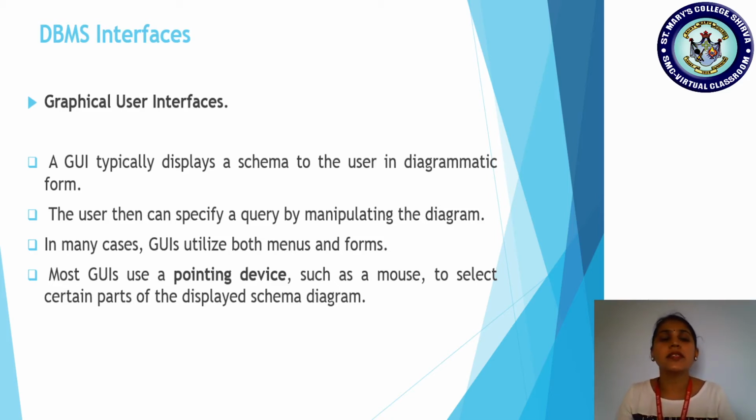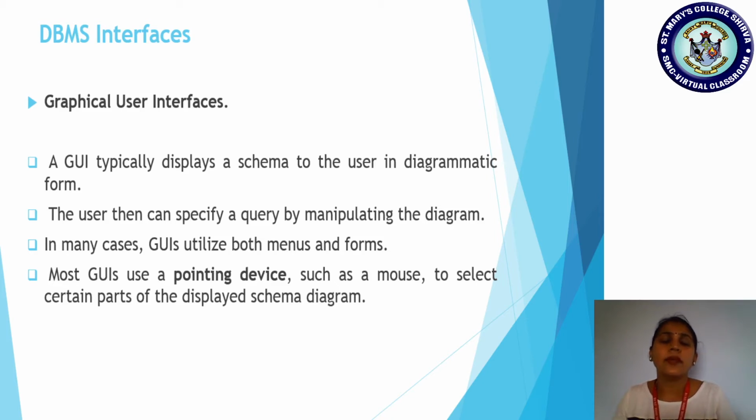In many cases, graphical user interfaces utilize both menus and forms. So what they tell here is, this is an interface which includes both form-based as well as menu-based interfaces. Most graphical user interfaces make use of a pointing device such as a mouse to select certain parts of the displayed schema diagram.